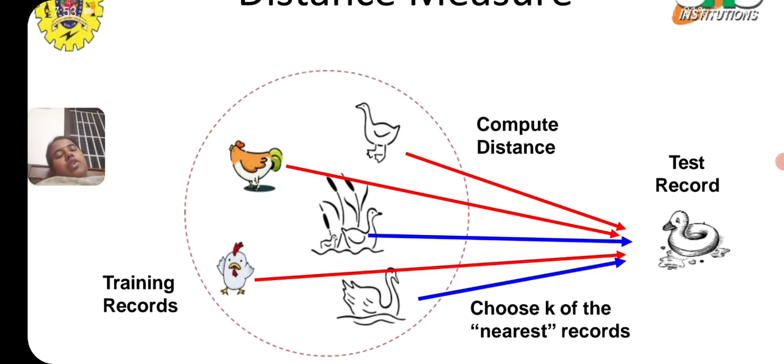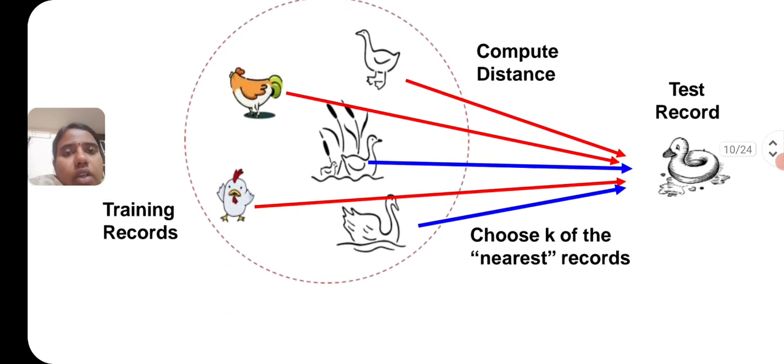For example, the training records are duck, hen, chicken, and so on. Here the test data is a duck. The training data are normal hen-like structures: hen, chick, etc. We have to compute the distance, and choose the k nearest records, the ones nearest to the test record. So the two ducks are very close to each other.